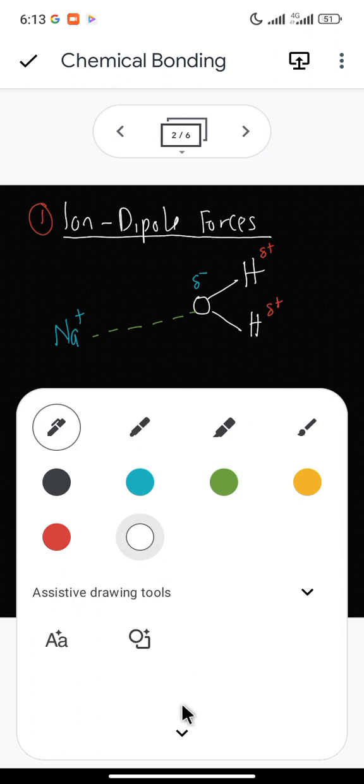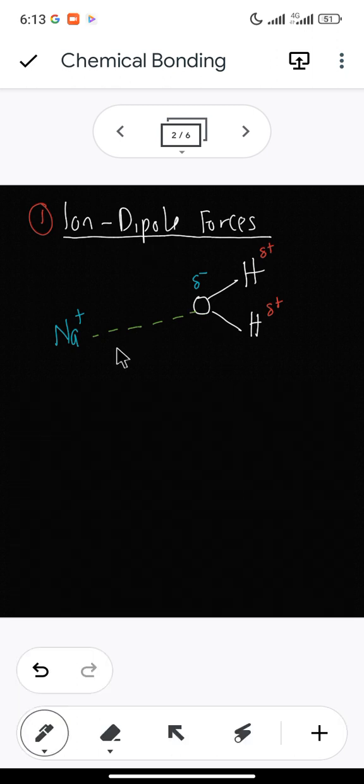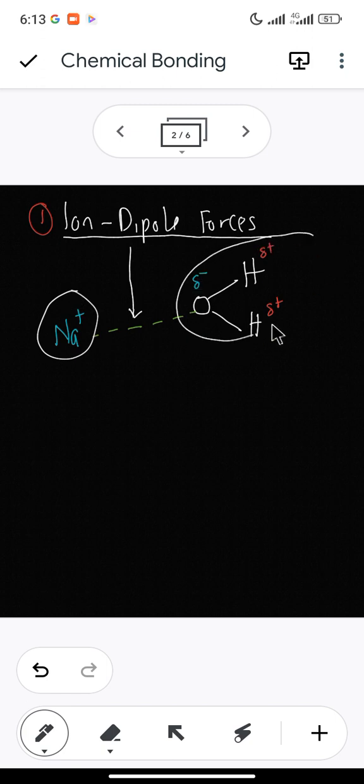This bond here is the ion-dipole bond, or the force of attraction here is the ion-dipole force. This is an ion and this is a dipole. That's why we call it an ion-dipole bond or force of attraction.